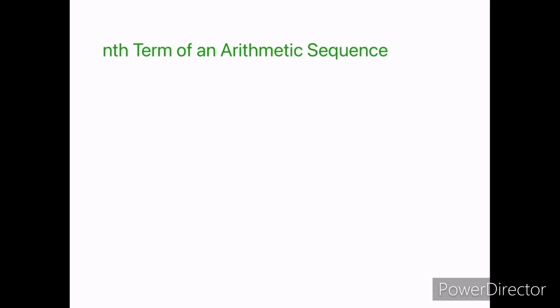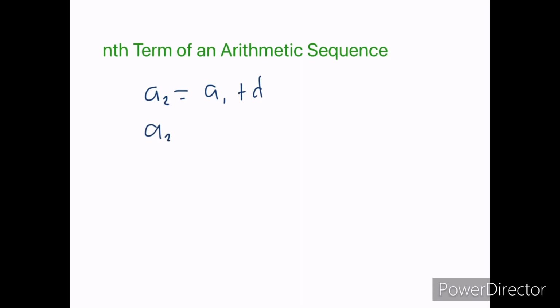The nth term of an arithmetic sequence. To generate the terms of an arithmetic sequence, just keep adding the common difference d up to the last term. That is, if a sub 1 is the first term and d is the common difference, let's start with a sub 2 is equal to a sub 1 plus d.